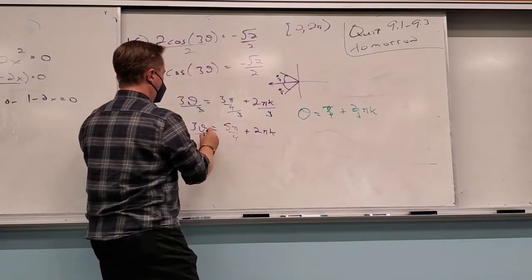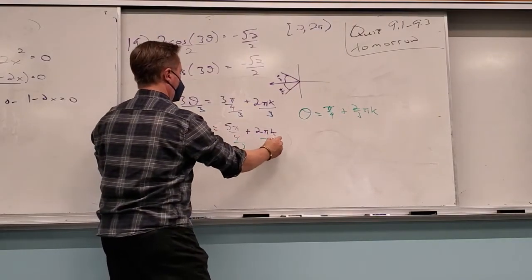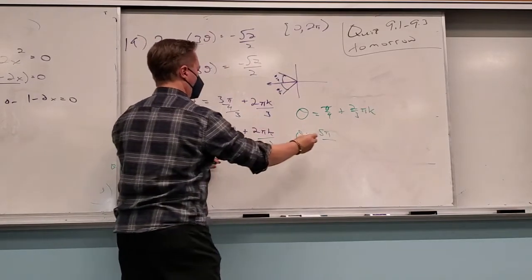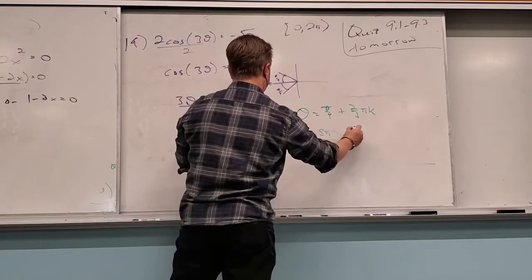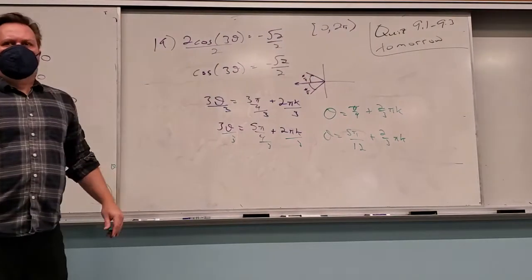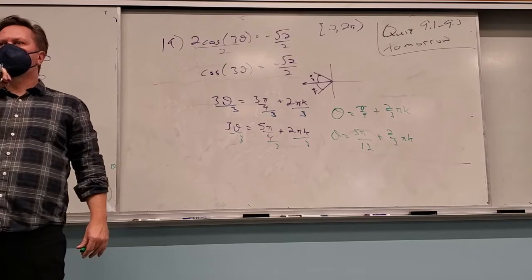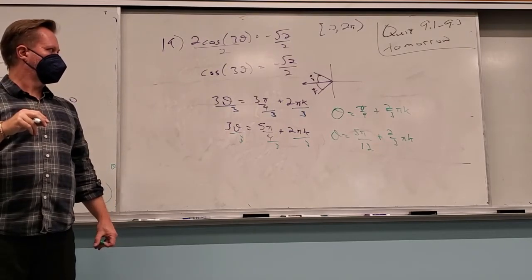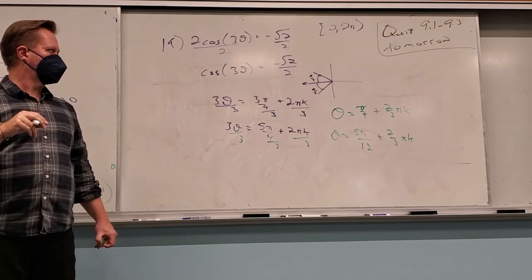And here I get theta equals 5 pi over 12 plus 2/3 pi k. You took the plus 2 pi k because you gave yourself a limit?